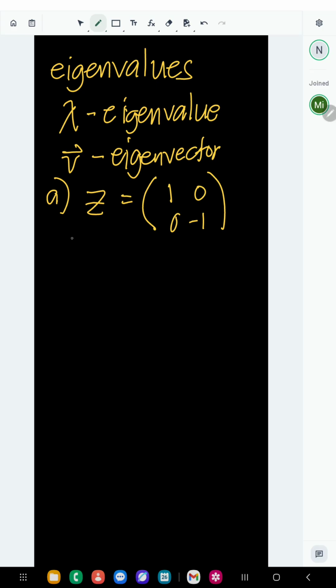So we can write this as, okay, the matrix, we use Z here. So the matrix Z times the eigenvector is equal to lambda, the eigenvalue, times the eigenvector, where the eigenvector here is not equal to 0. Can you see my writings?